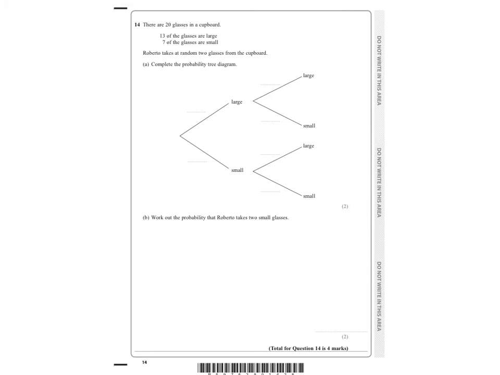Okay, question number 14. There are 20 glasses in a cupboard. 13 of the glasses are large, 7 of the glasses are small. Roberto takes at random 2 glasses from the cupboard. So we're going to start with putting down, we know large glasses is 13 out of 20. We have 7 out of 20. If he takes one away, we're now out of 19, no matter what he chooses.